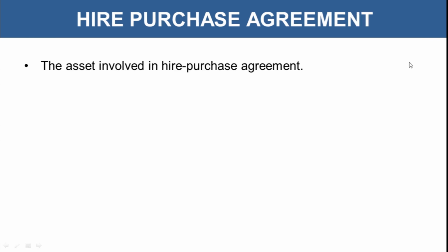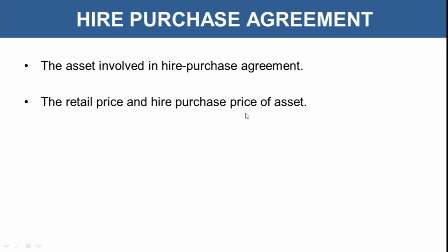Now let's see hire purchase agreement. So some terms and conditions which are involved, which are generally there in hire purchase agreement. First is the asset involved in hire purchase agreement. So what good you are purchasing, which asset you are purchasing, that will be mentioned. The retail price, so the retail price is what we say as MRP will be mentioned, and the hire purchase price.